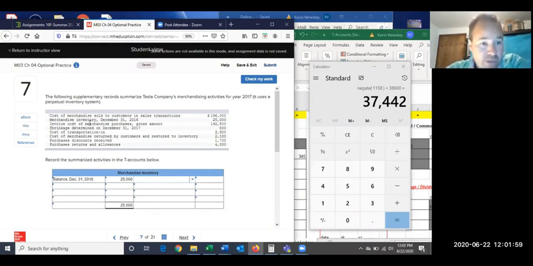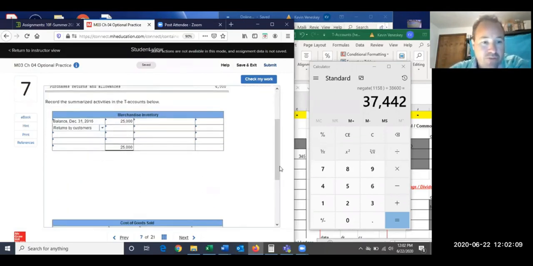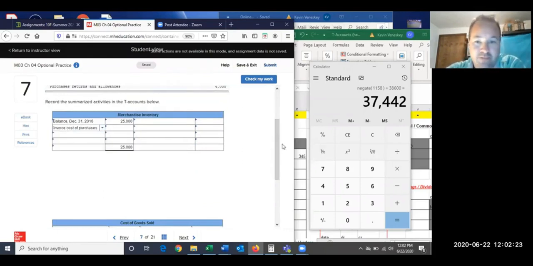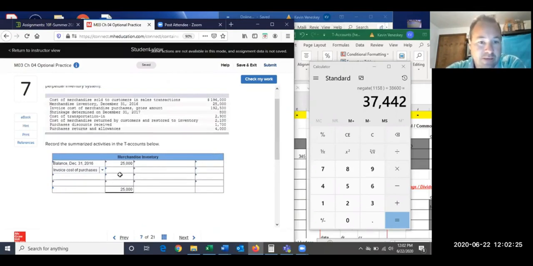Now, invoice for merchandise that was purchased throughout the month or the year, 192,500. So I come over here and put in merchandise that was purchased, invoice cost of purchases, 192,500.